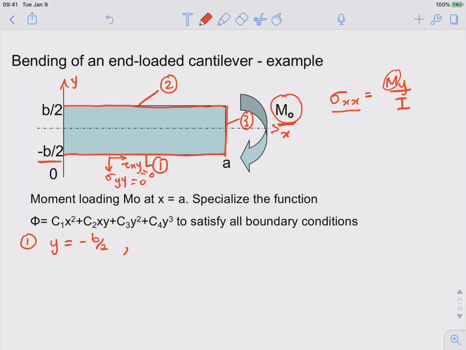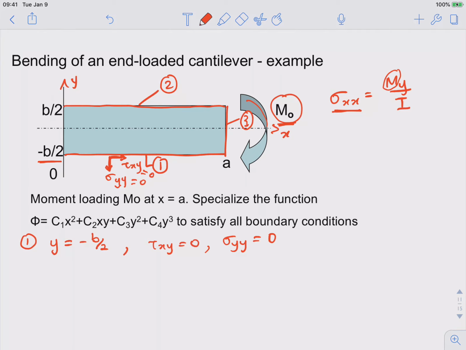And we said the normal and the shear stress on this surface are going to be: my tau xy, because there's only a sigma xx, is 0. And sigma yy, there's no normal stress on this surface for a pure bending moment. Everything is sigma xx, so that's 0.